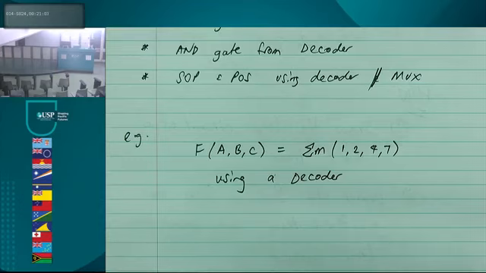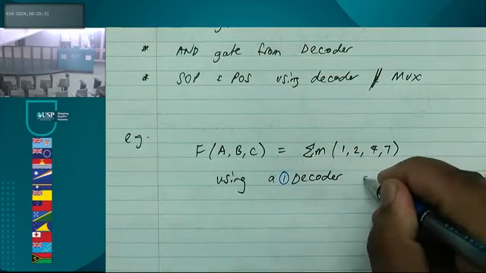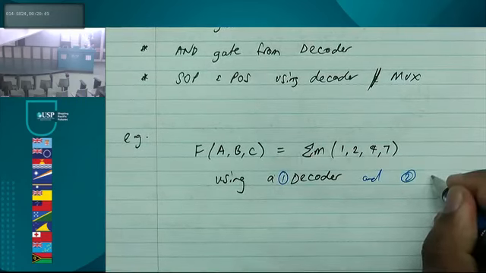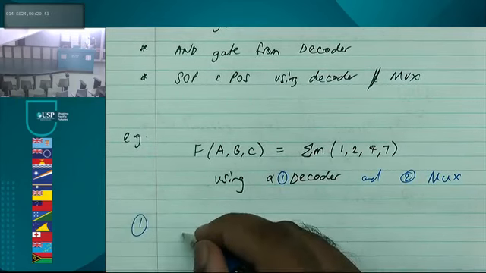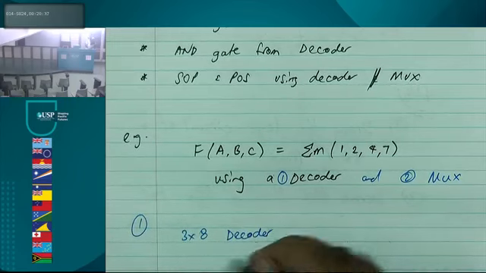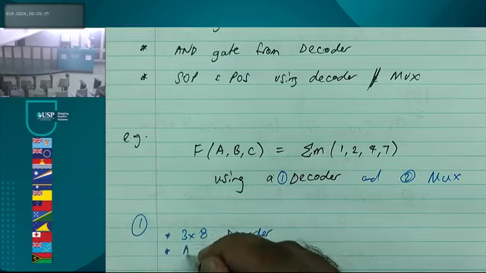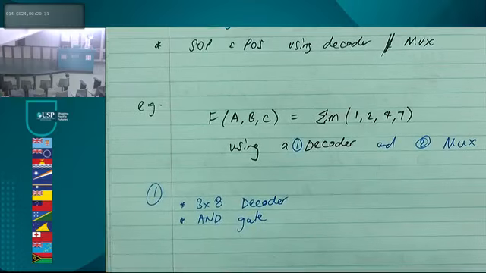So using number 1 and part 2 mux: for decoder, for number 1 you will need a 3x8 decoder, and we will also need an AND gate.